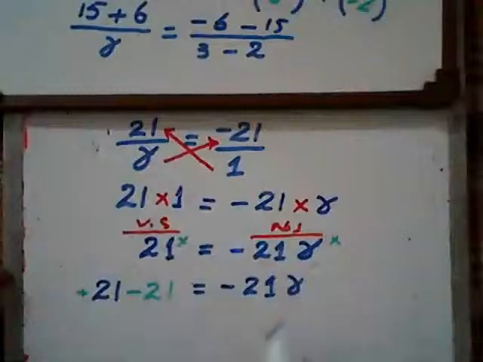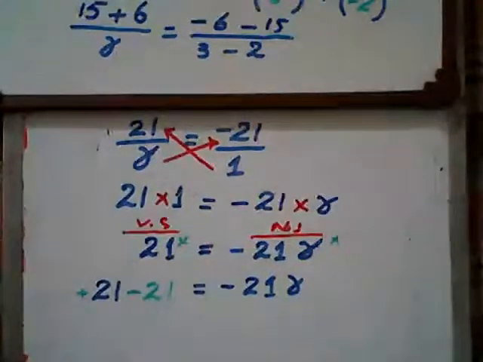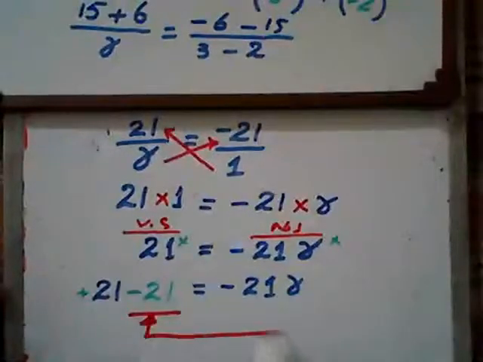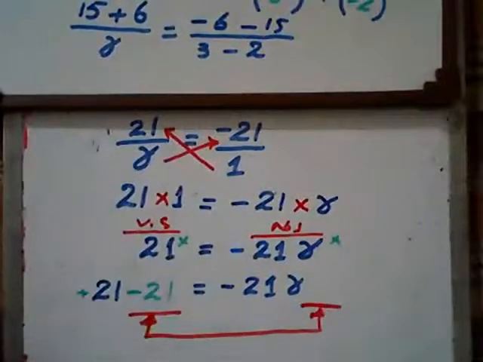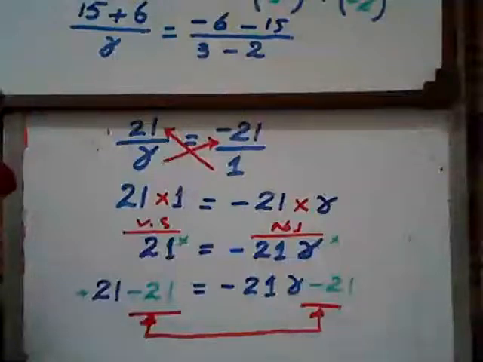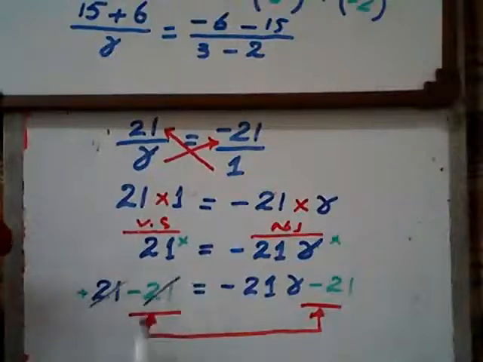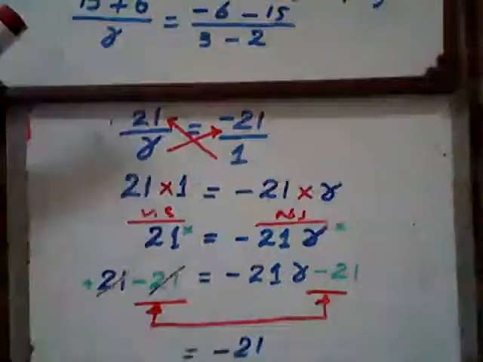This was already there. Now we are solving this minus 21, and whenever we do this on one side, to keep it balanced, we do the same on the other side. So it becomes minus 21. These two, plus 21 minus 21, cancel, so it remains nothing.